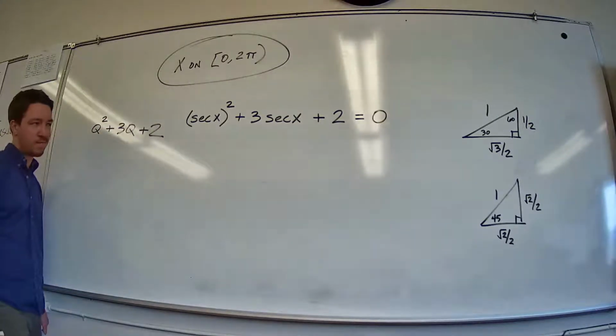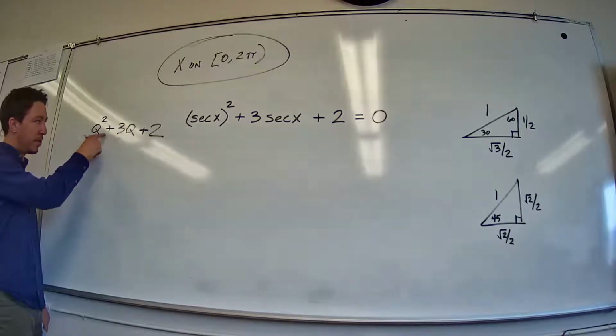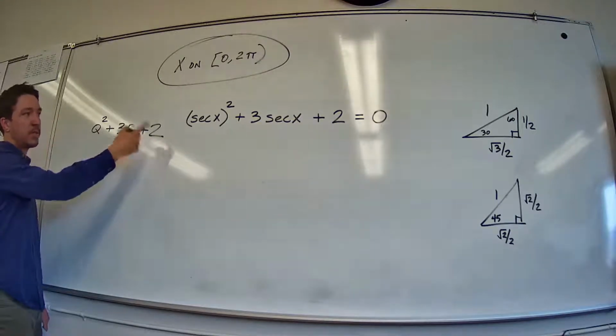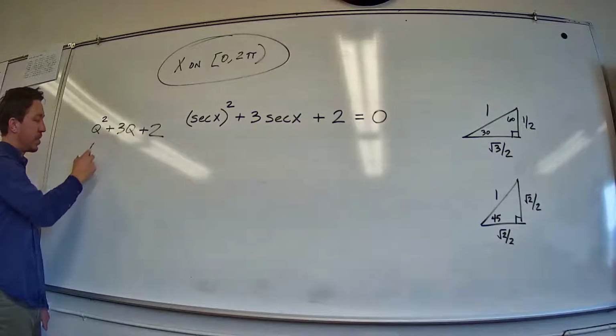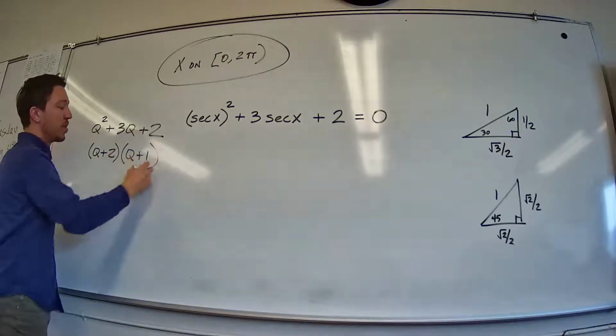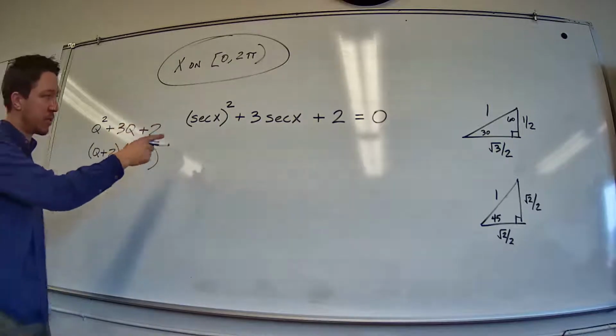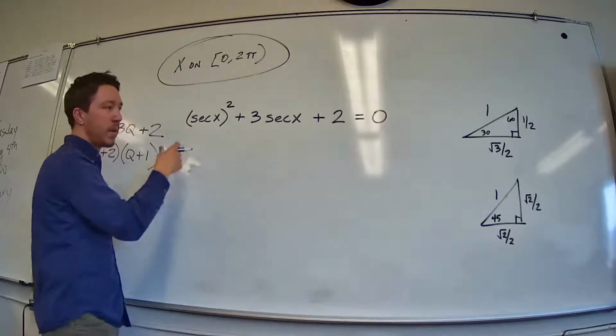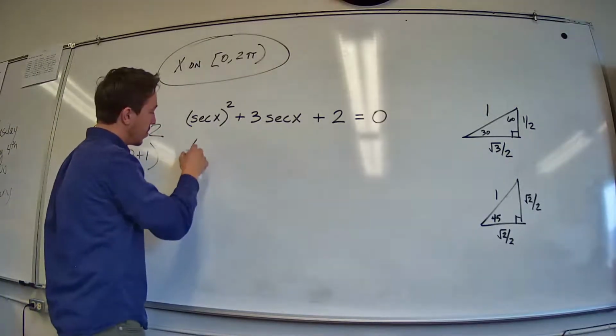Some quantity squared plus 3 times that quantity plus 2. Of course, you'd factor this as q plus 2 times q plus 1. So we're going to do that exact same thing, just using the secant of x as our quantity.